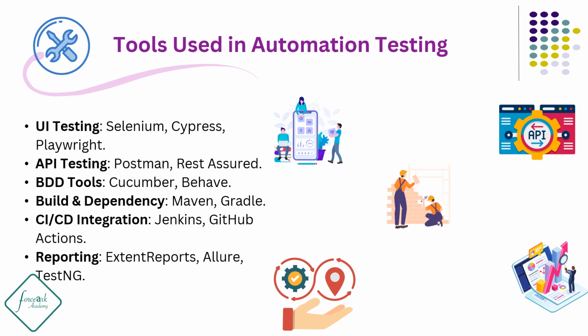For API testing, mostly REST Assured and Postman are used. And tools like Jenkins or GitHub Actions automate builds and testing, and that helps with CI/CD integration also. We can use Extent Report, Allure Report, or TestNG for reporting in automation.